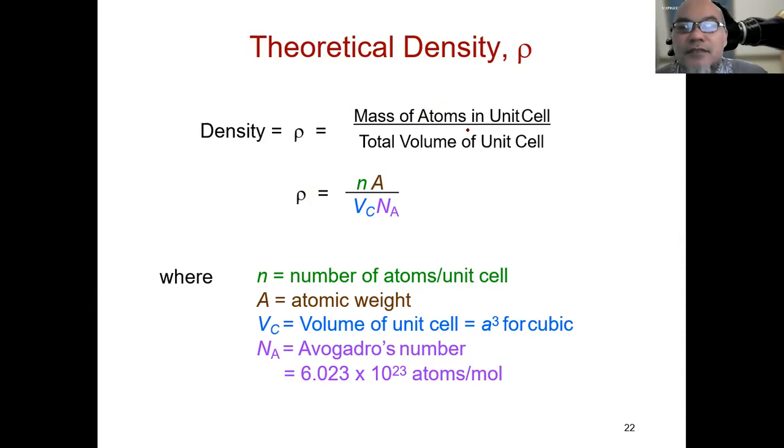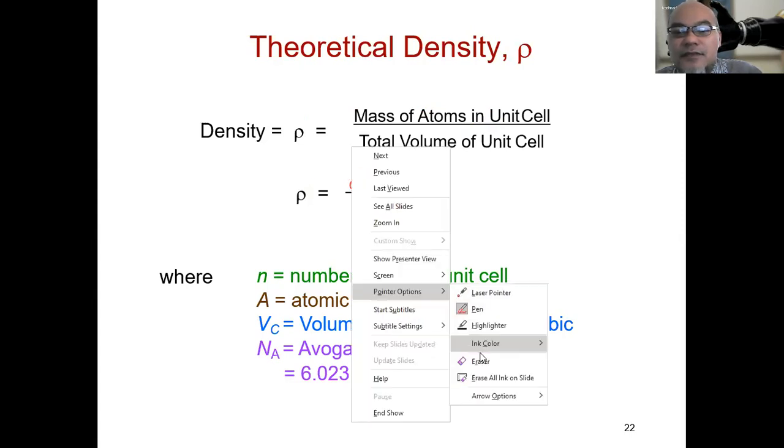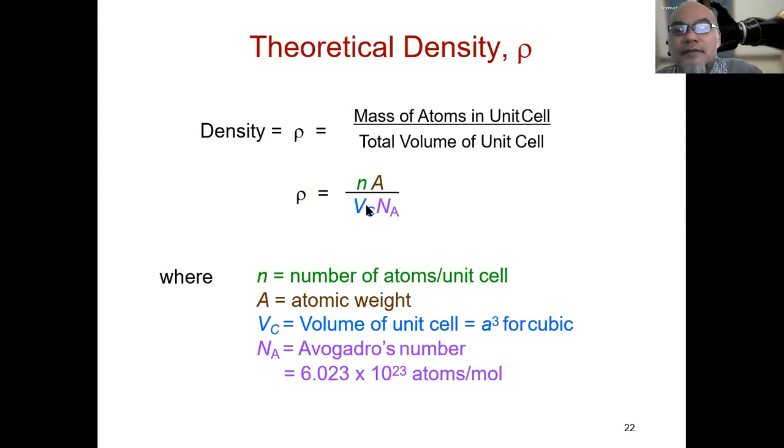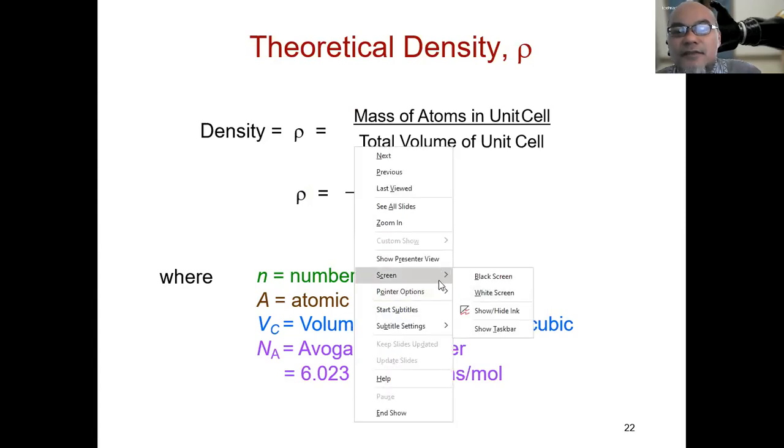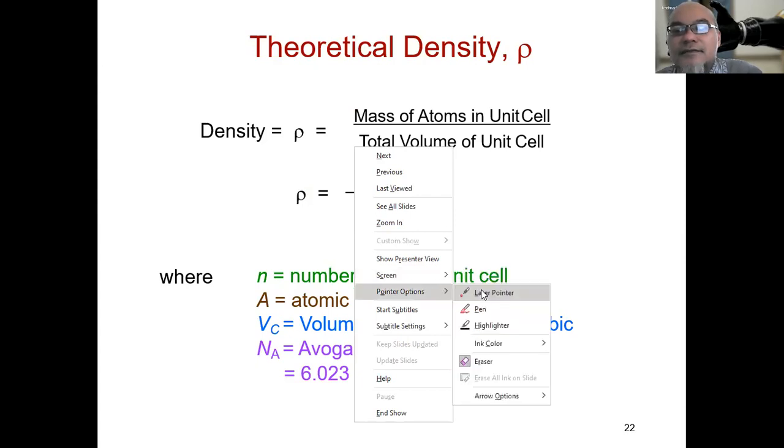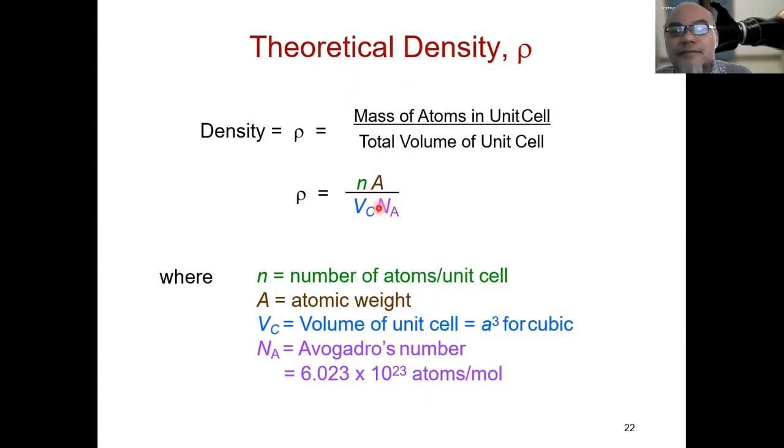The mass of atoms in one unit cell is calculated from the number of atoms per unit cell, which we have derived in the previous slide for different structures: FCC, BCC, simple cubic. And A here is the atomic weight, the weight per single atom, divided by the volume of the unit cell.